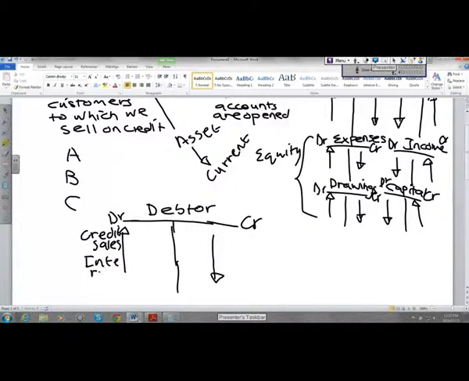But then what can reduce the debtor? If we sold to this customer on credit and they return the goods to us, then that must reduce the customer's debt. So when it reduces on the credit, it will be through goods returned.